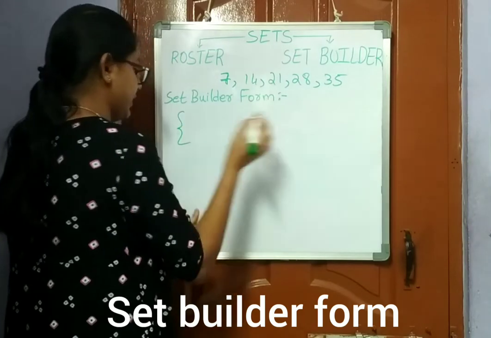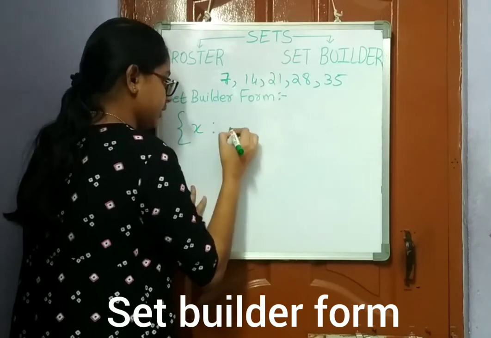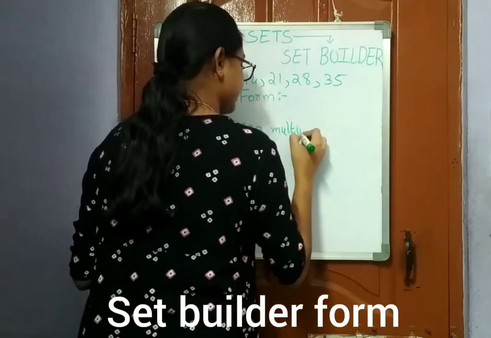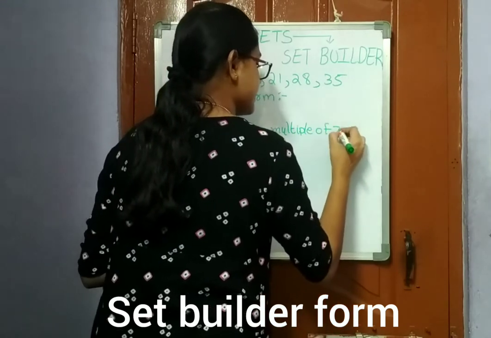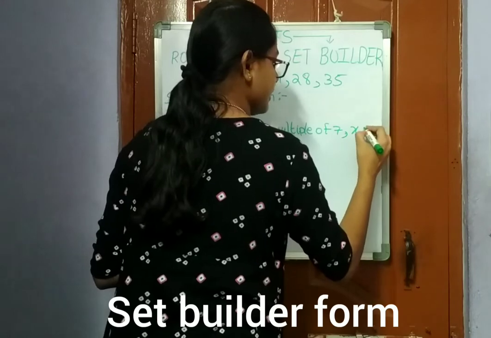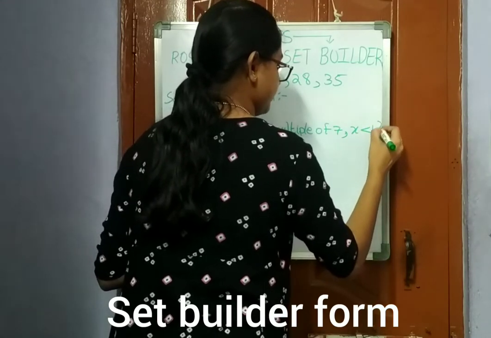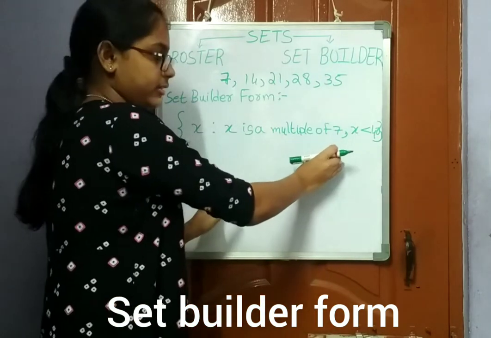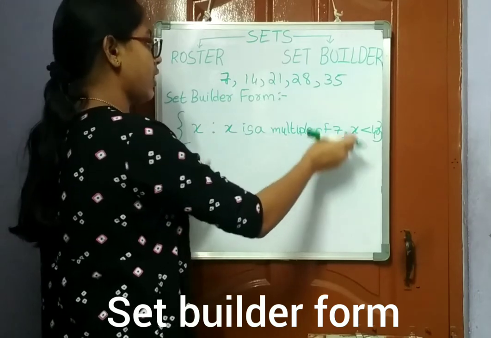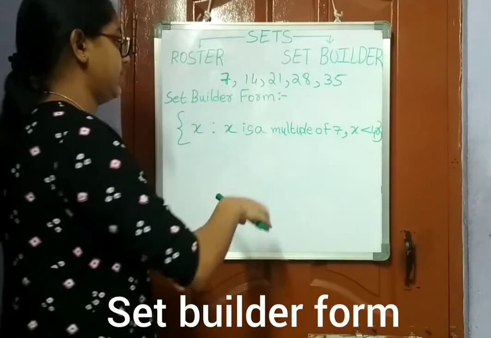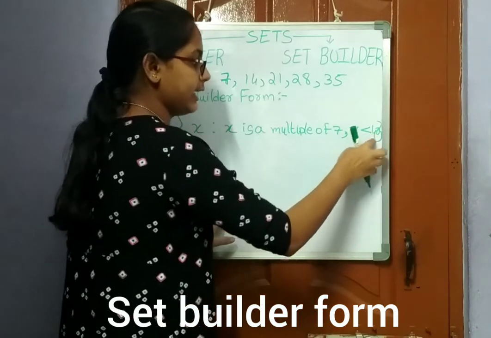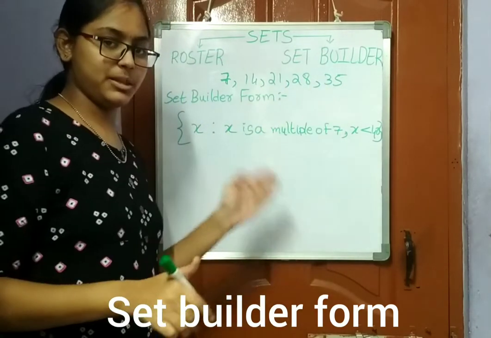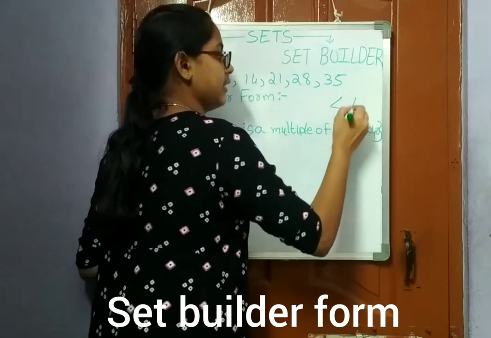So, in set builder form, we can write X such that X is a multiple of 7 and X is less than 40. All these numbers satisfy this condition. That is, 7, 14, 21, 28 and 35 all are multiples of 7 and also less than 40.